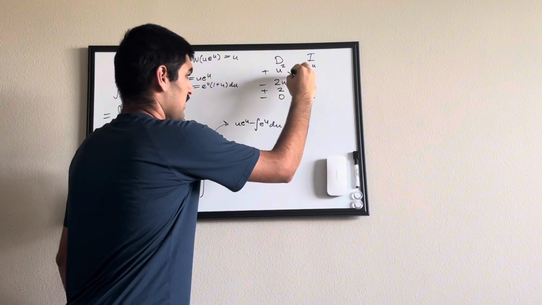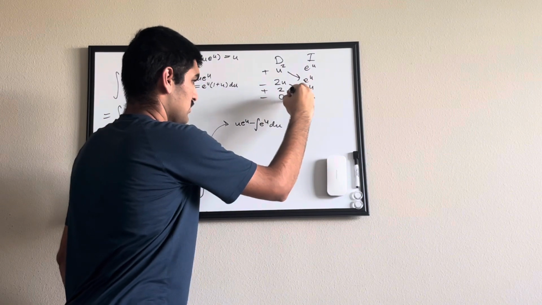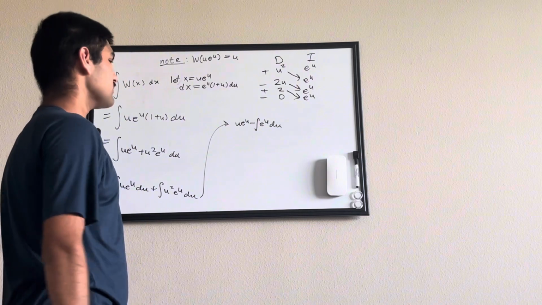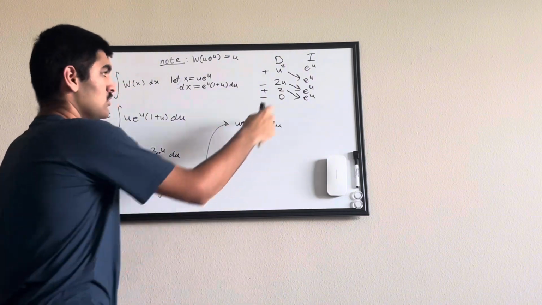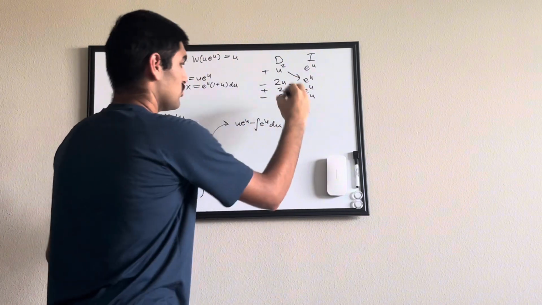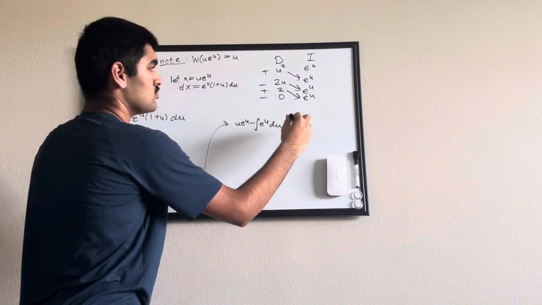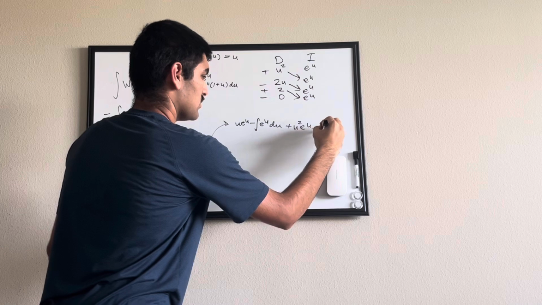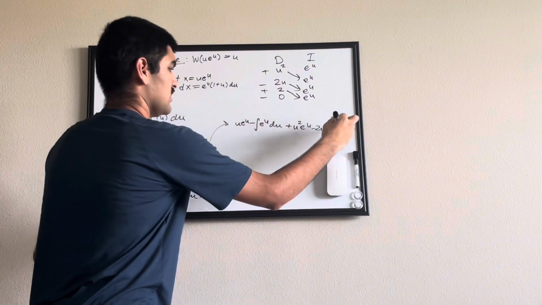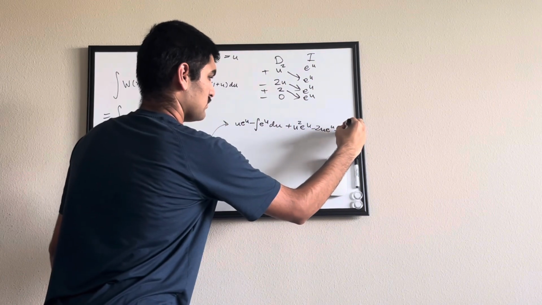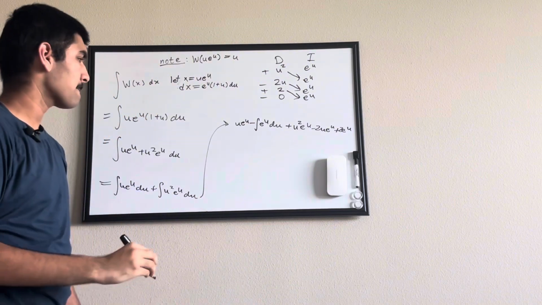Then you multiply diagonally across. So this integral becomes u squared e to the u minus 2u e to the u plus 2e to the u.